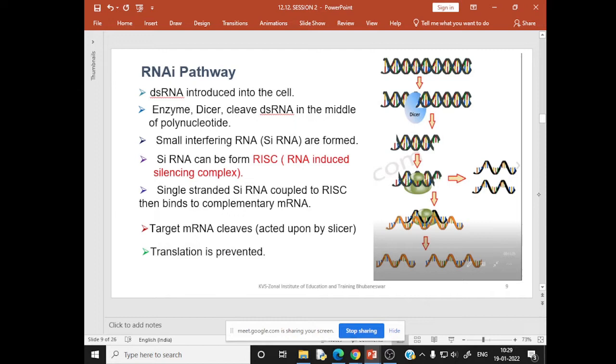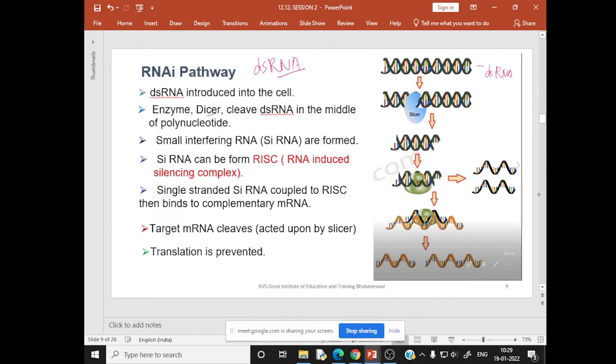How is it done? Now we have prepared double-stranded RNA, and this RNA is introduced into a cell. Here is the double-stranded RNA.